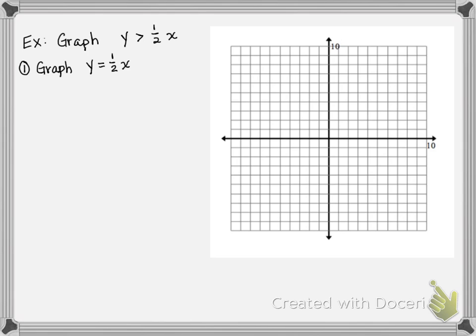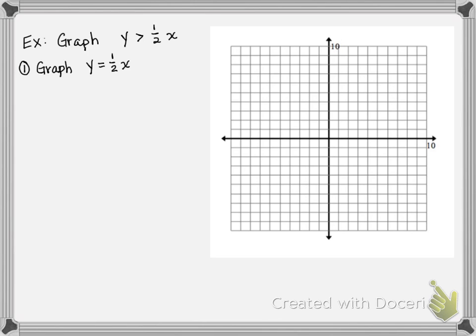Typically when I have equations like this that don't have addition or subtraction in them, I just plug in a couple numbers. There's only one intercept because this line goes through the origin, so it goes through 0, 0. So plugging 0 in for x gives me the same point as plugging 0 in for y. And so my intercepts won't give me two separate points.